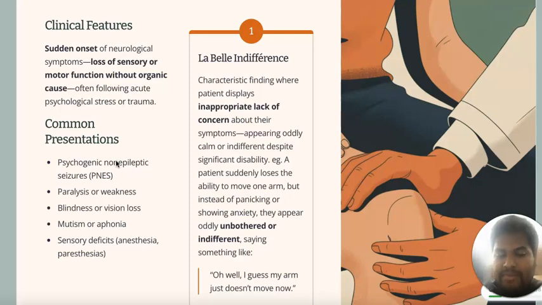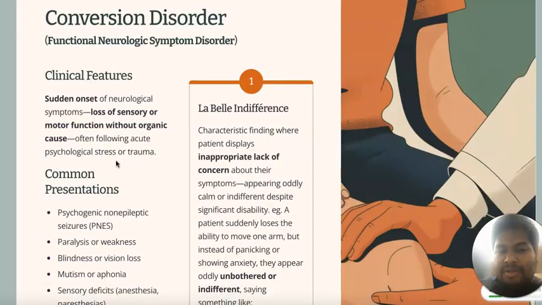The person will say that he has paralysis or weakness, and the CT scan or MRI doesn't show any stroke-like changes in the imaging. The person will say blindness or vision loss, but again every other test for the eyes seems normal. Mutism or aphonia, the person cannot talk, but again every oral or neurological examination seems normal. So this is the classical presentation of conversion disorder, which we call functional neurological symptom disorder.